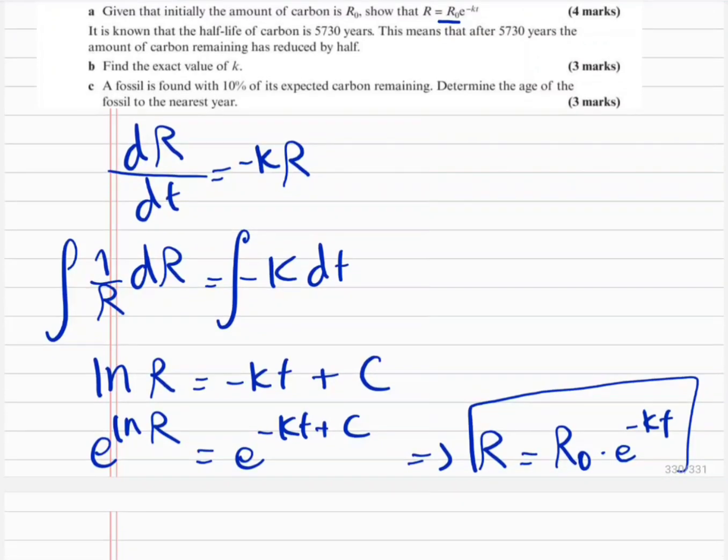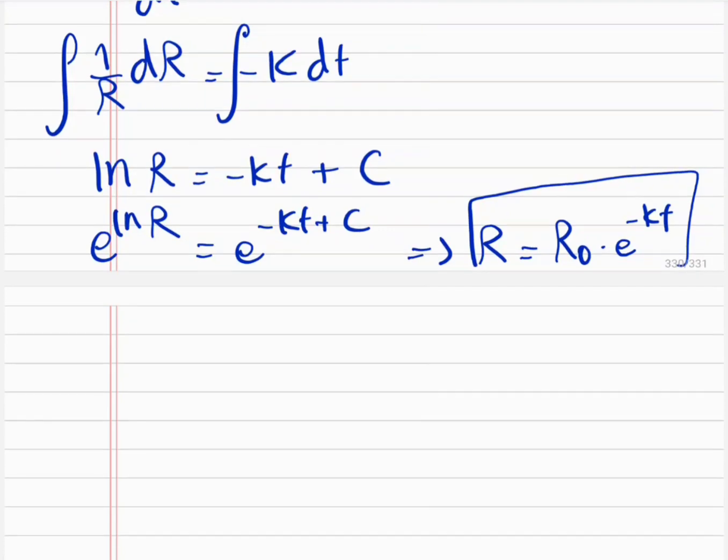Now in part B, we are told that the half-life of carbon is 5,730 years, and it means that after this amount of years, the amount of carbon remaining has reduced by half. So in part B, we want to find the exact value of k.